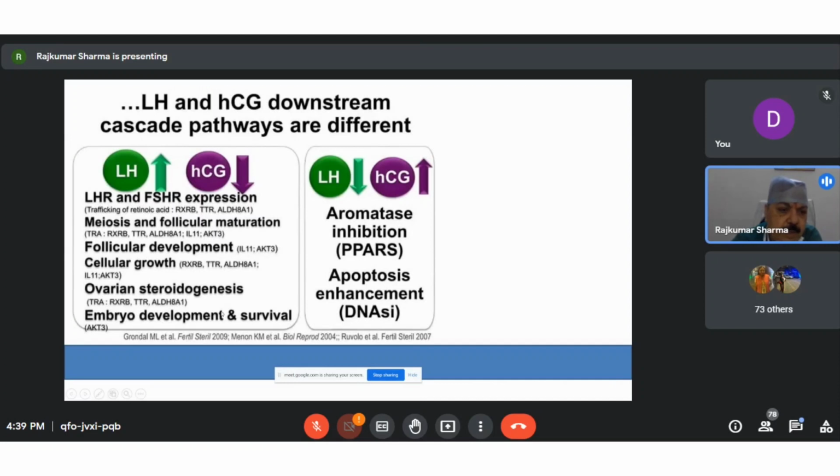So when you give FSH initially and then HMG, the possibility of getting more M1 and GV oocytes is greater than when you give recombinant LH along with the FSH in the second part of the stimulation. Secondly, LH would inhibit aromatase inhibition.